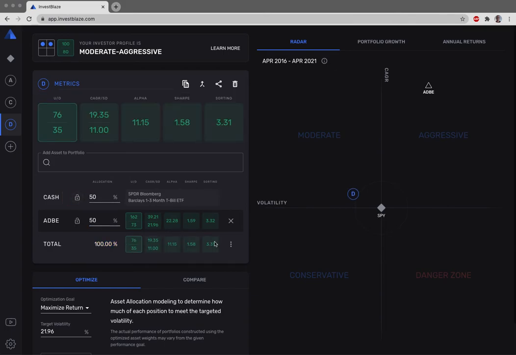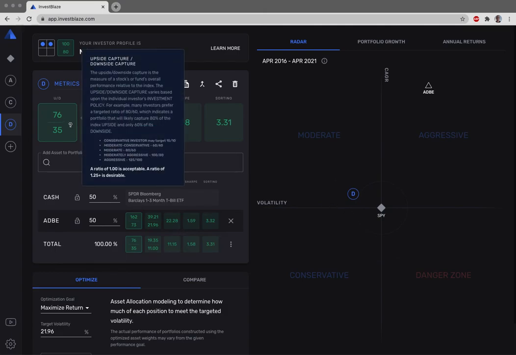With 50% Adobe and 50% cash, you're now very much in the moderate category. You're outperforming the index with less volatility. And that's reflected, by the way, up here, and remember how we've talked about the upside and downside capture.